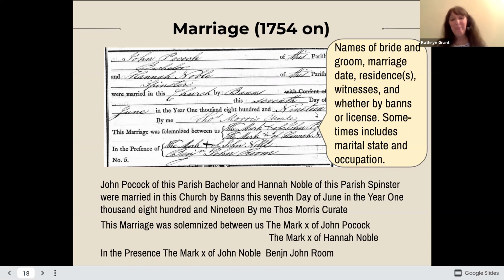That's why this is not my favorite form, but it does include the names of the bride and groom, the marriage date, the residence, and some witnesses, which is really cool because many times the witnesses could be family members. And then sometimes they will include the marital status of the person, but not always. You notice that the clergyman wrote in that he was a bachelor and she was a spinster, again meaning that they were not previously married. But I've noticed on these forms that some clergymen did not record that information.